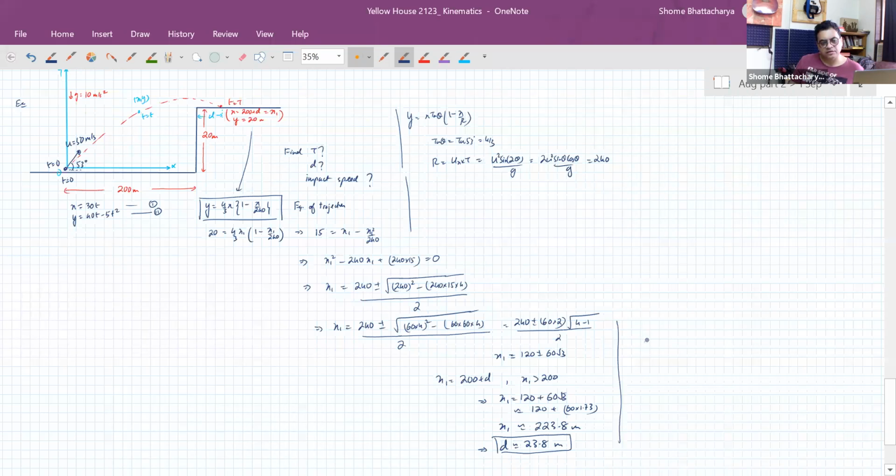So impact occurs at t when the x coordinate becomes this, so about 7.5 seconds.